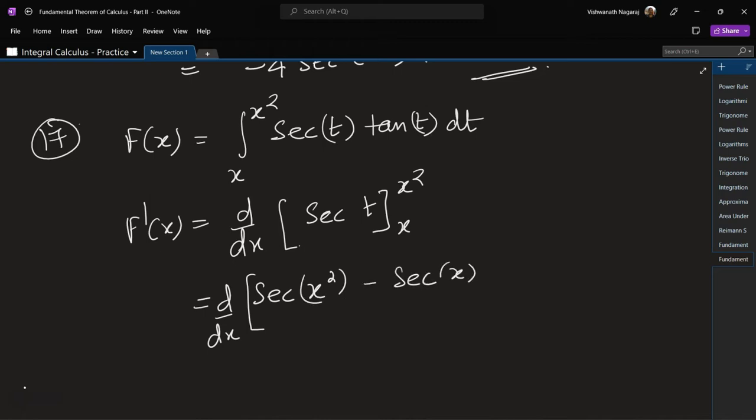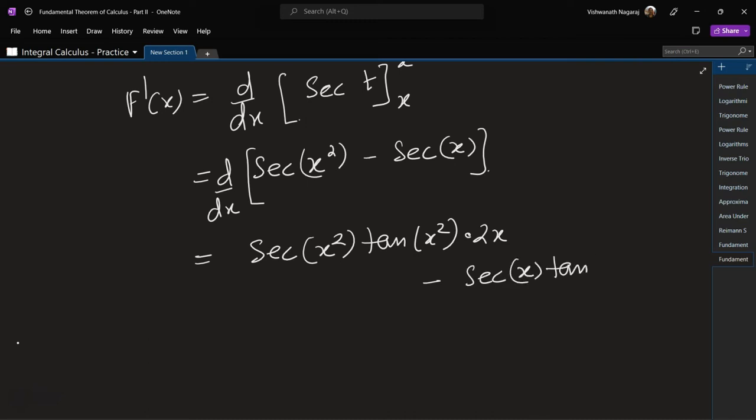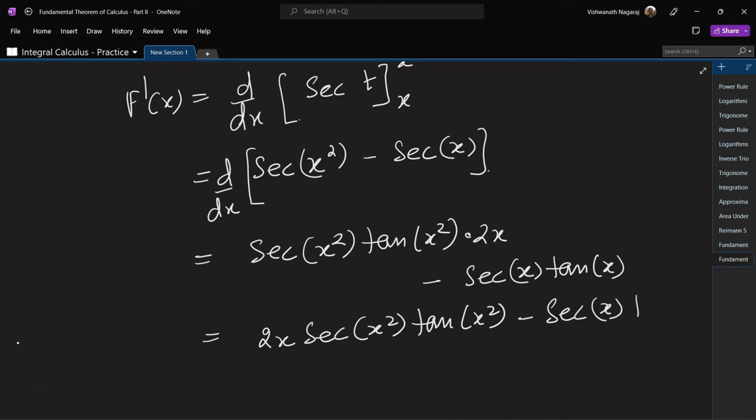And now let's differentiate. We get sec x square tan x square, and we differentiate x square, we get 2x, minus again sec x tan x. So our final result is 2x sec x square tan x square minus sec x tan x.